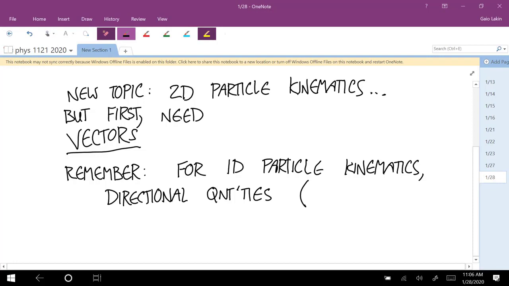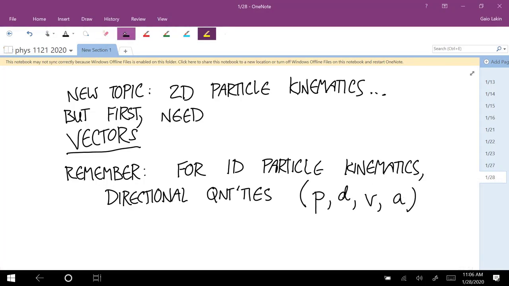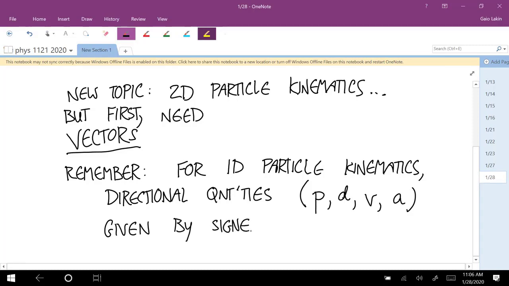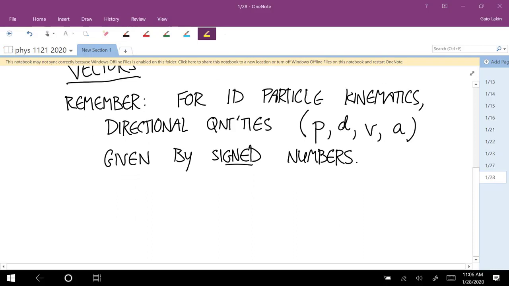The directional quantities were position, displacement somewhat, although we didn't use that very often, velocity, and acceleration. These were given by signed numbers. The plus or the minus indicated the direction.